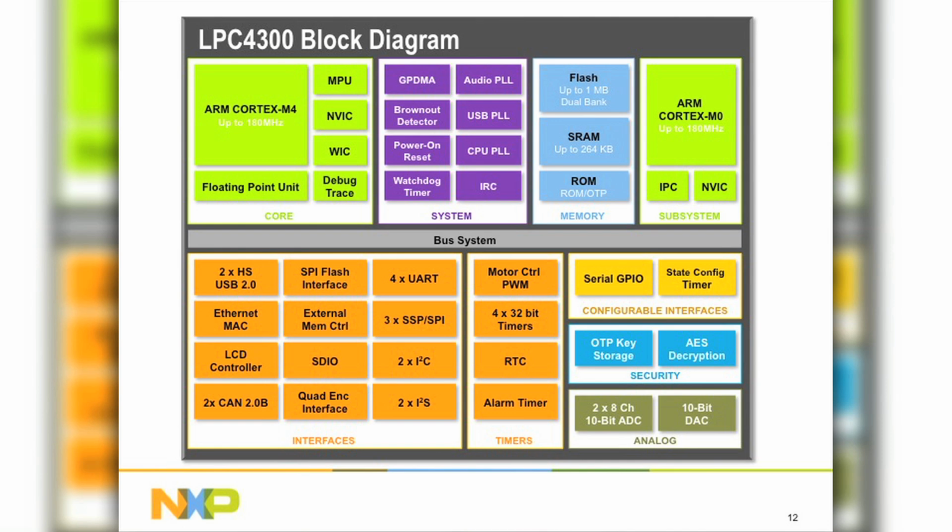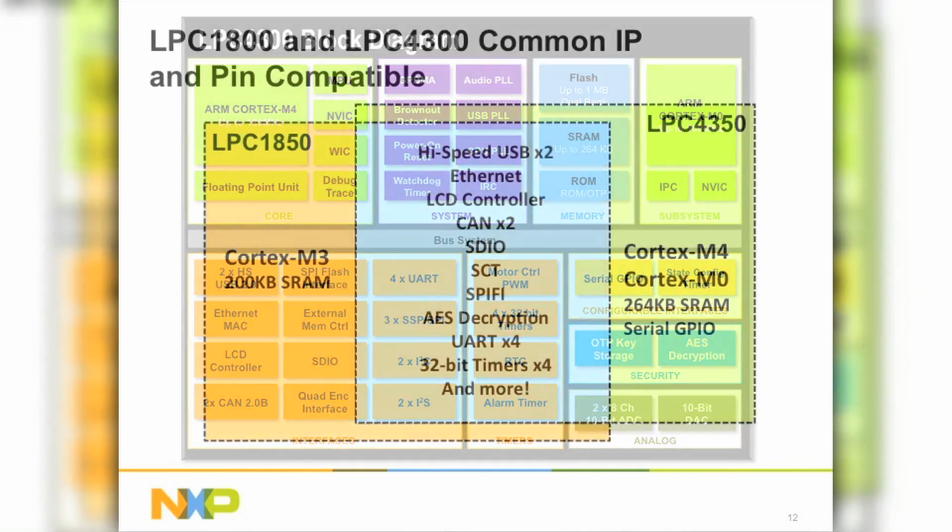We actually have a high-speed PHY built in. So you have not just high speed, but the high-speed PHY built onto the chip, which is a nice feature. And of all these peripherals, it's the thing that excites a lot of people. It's also on the 1800, so we tend to see a lot of people looking at USB audio streaming, high speed, on both the M3 1800 and the 4300.